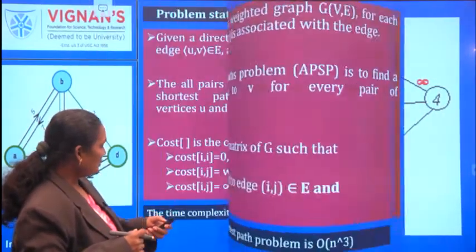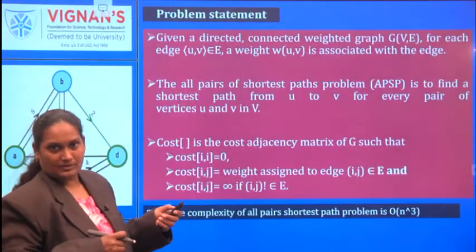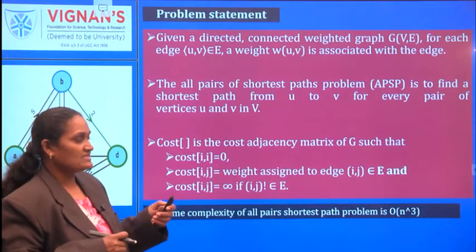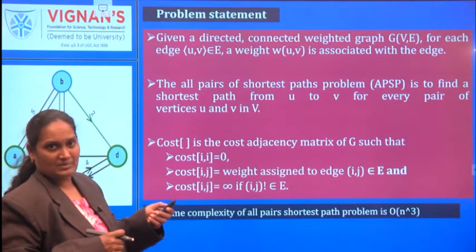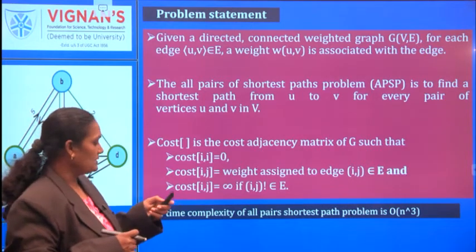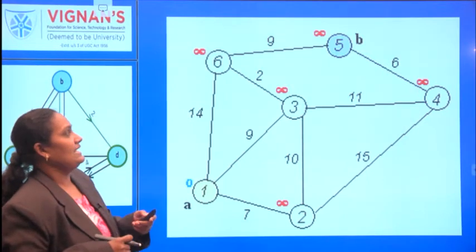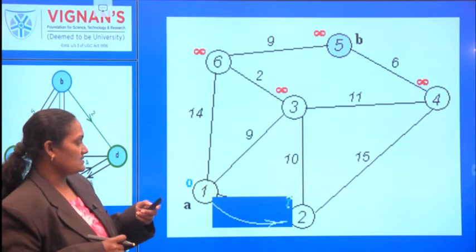Coming to the time complexity of the all pairs shortest path problem, this can be solved with the time complexity big O of n cube. Here the time complexity of the all pairs shortest path problem is big O of n cube. Now here you can see an example for this all pairs shortest path problem.